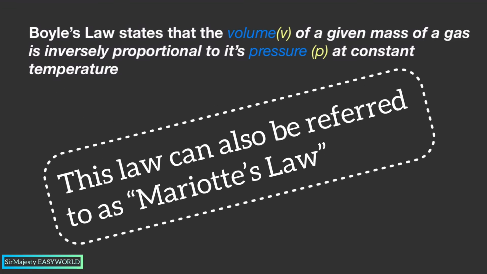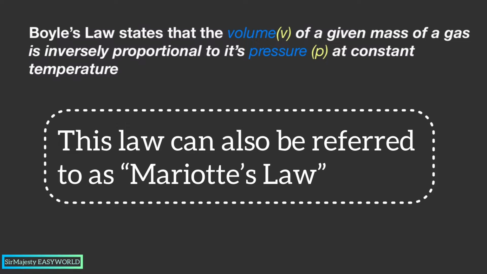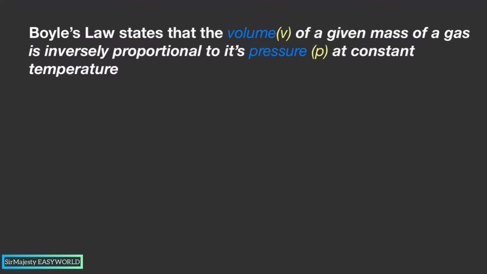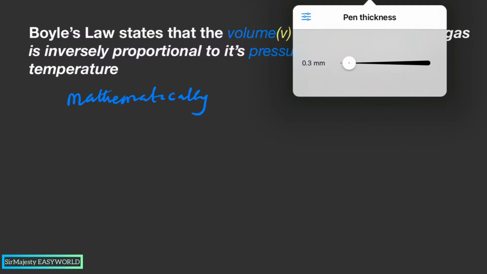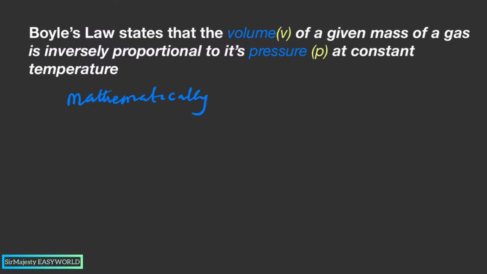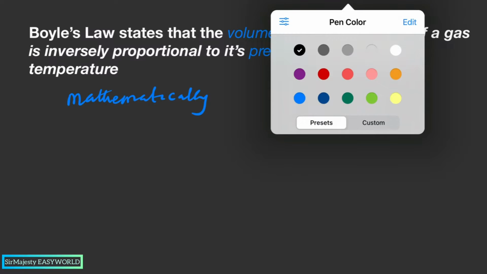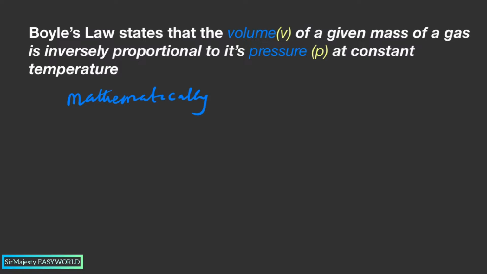Then mathematically, this means that V is inversely proportional to 1 over P, whereby P is the pressure and V is the volume.